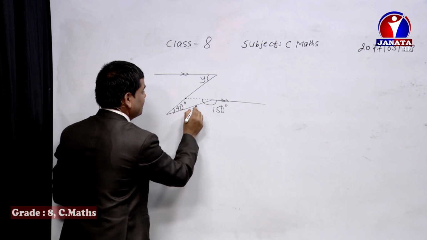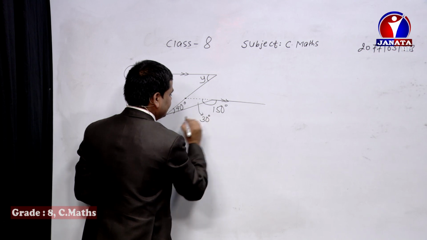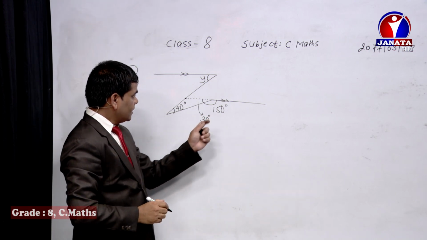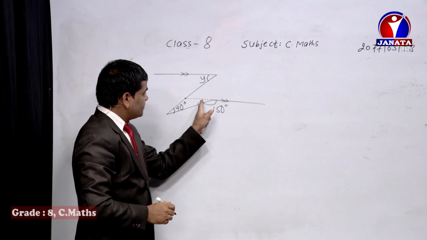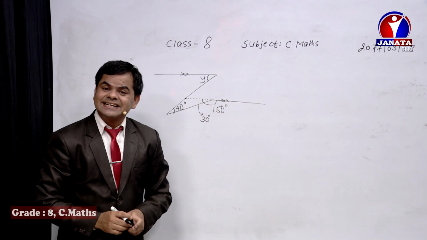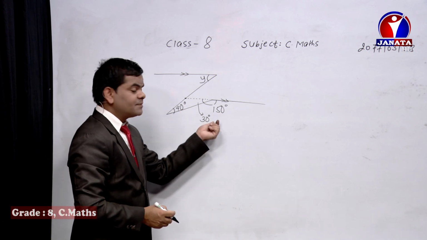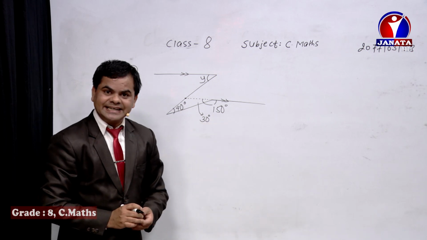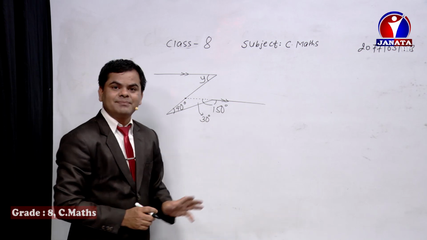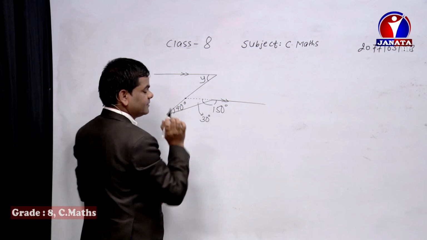And you will have the value of this angle as 30 degrees, because the sum of this smallest part and this one part altogether, as it falls under the same straight line, must be 180 degrees. So 30 plus 150 equals 180 degrees. Now we got the value of this angle.